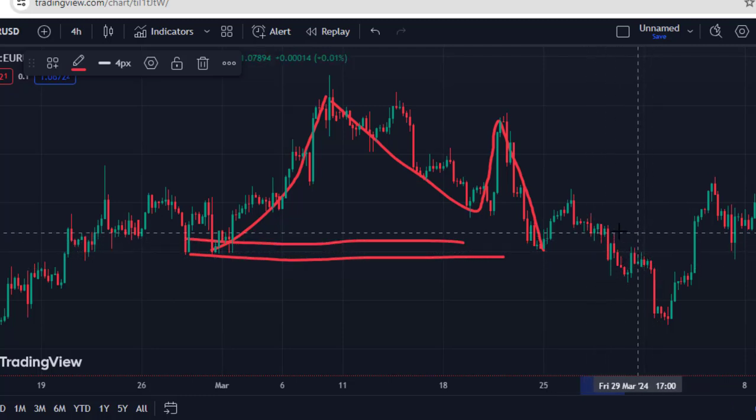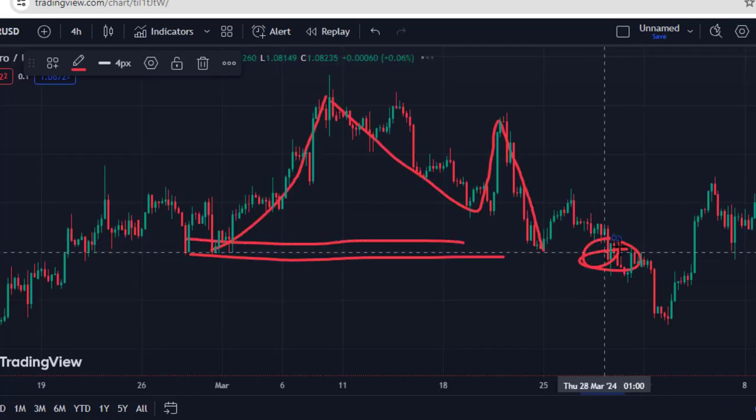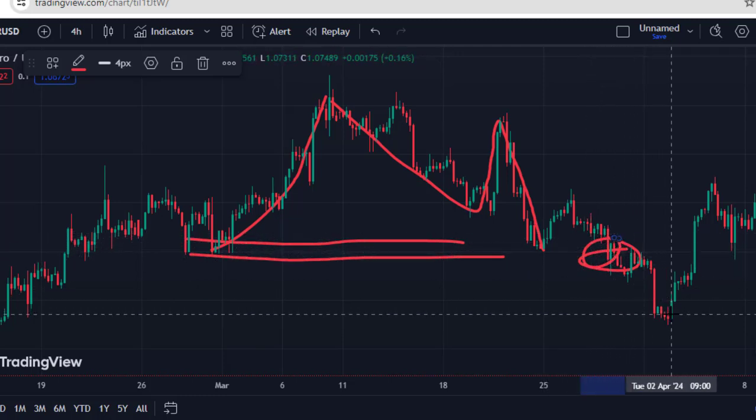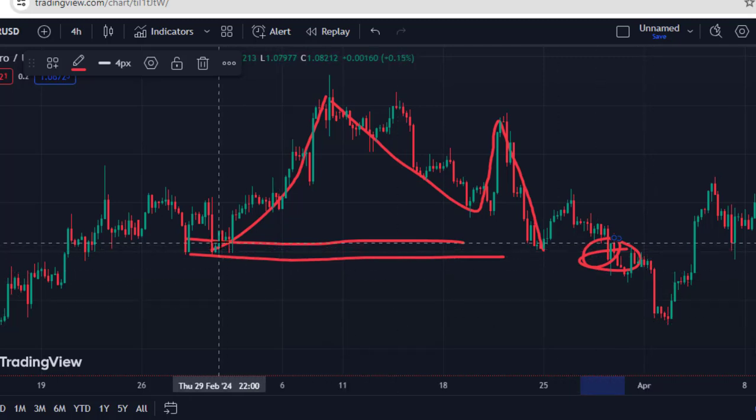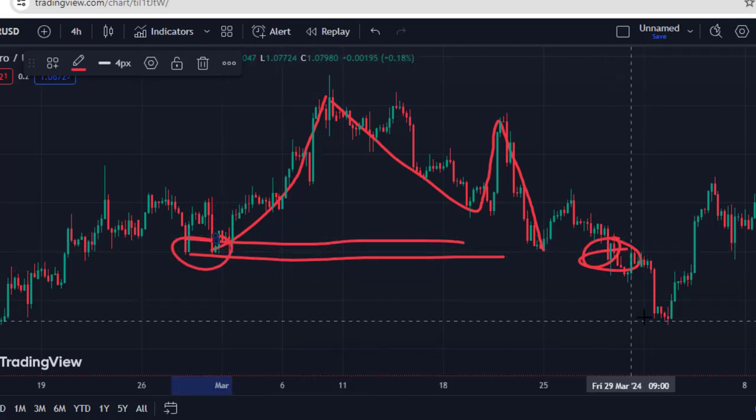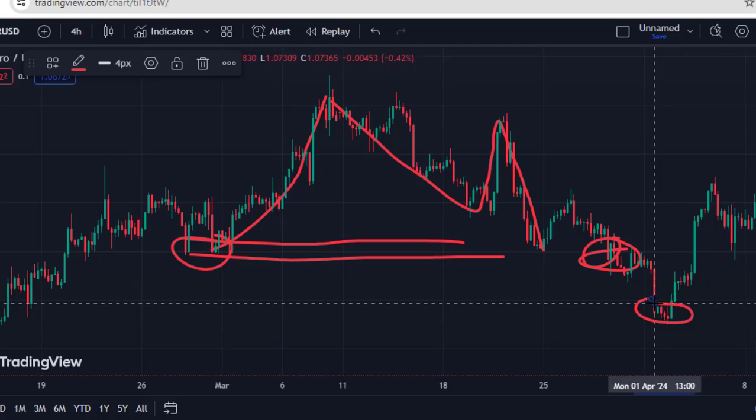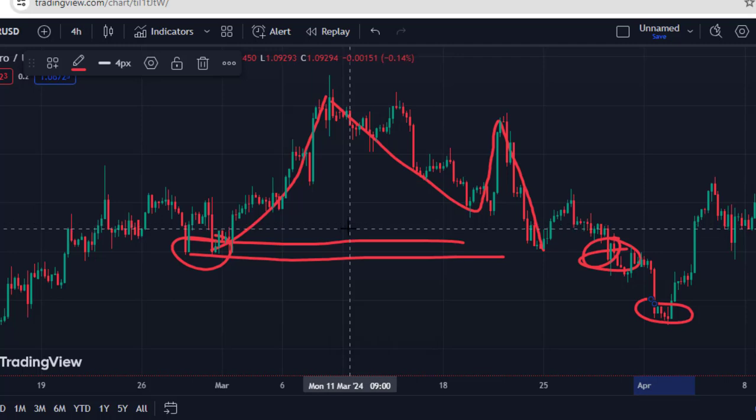This area was the point where we can say that the market has broken structure, before the market creates a new low, lower than the previous low at this point. So this is the low where we can say, okay, the market has created a new low, which means that the market has broken structure. So you have to be very careful when you say the market has broken structure, when it has not really broken structure in the market.